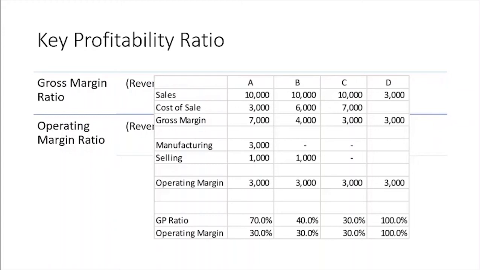Because they have manufacturing cost and their raw material, the cost of sale is very low, right? Company B is not manufacturing by themselves, they are just buying from somebody and making a sale, correct? Company C is when your selling costs are almost negligible, when you are selling somebody else's brand, right?